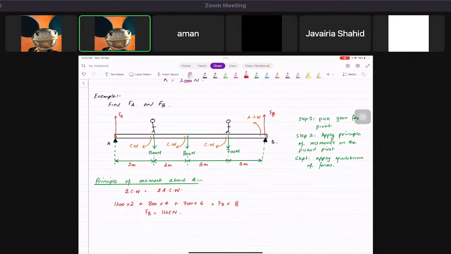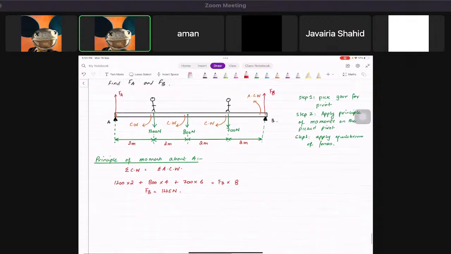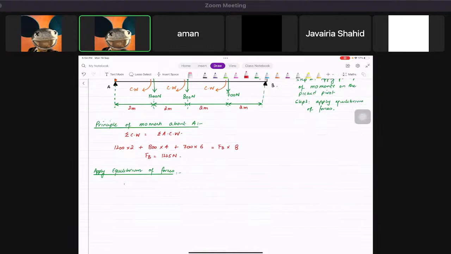Okay. Now then what you're going to do is apply equilibrium of forces. And equilibrium of forces means that the sum of all forces is 0. Basically you just need to do the same thing. You're going to say upward forces are equal to the downward forces. Now, what are the upward forces?